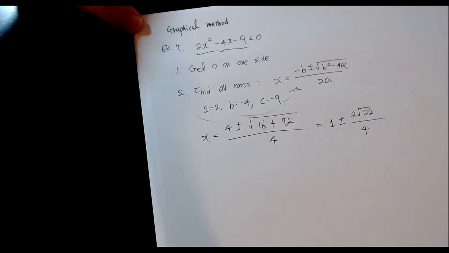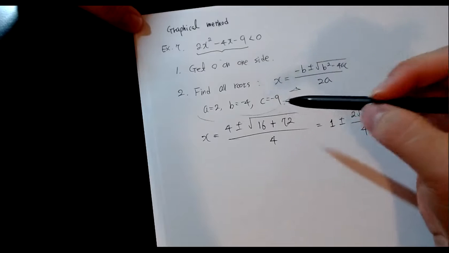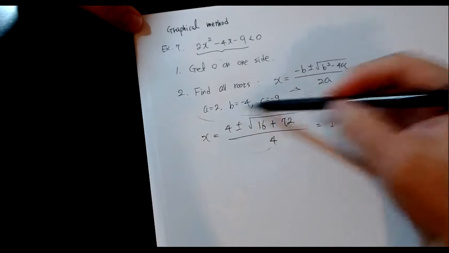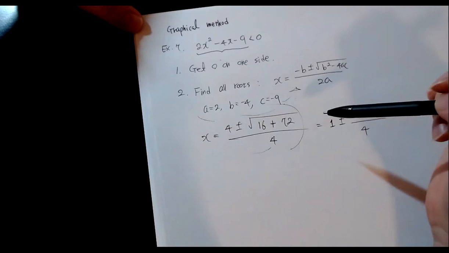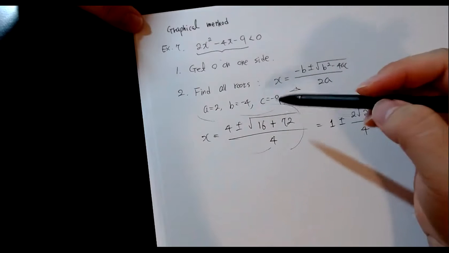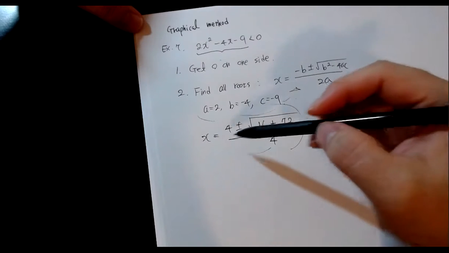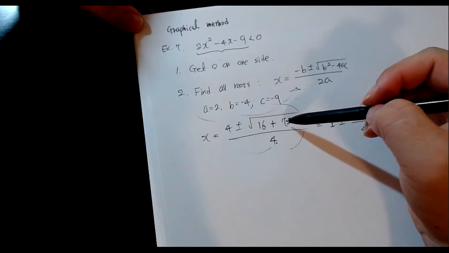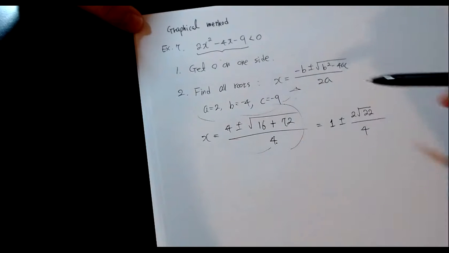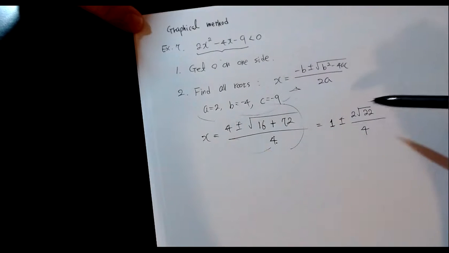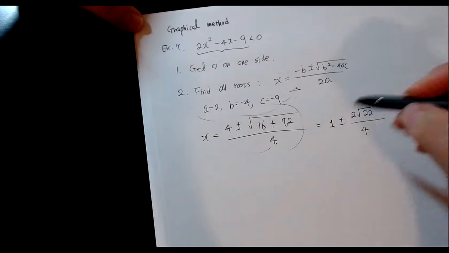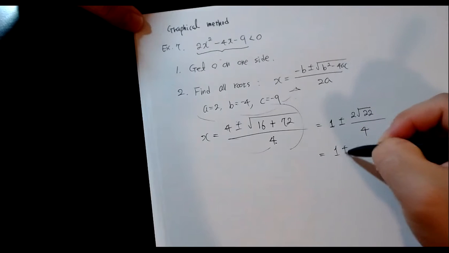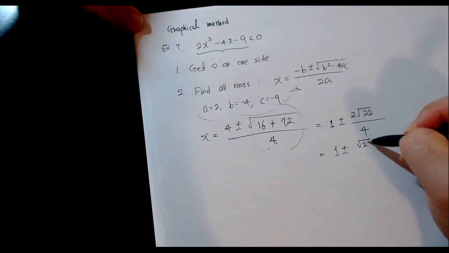I just separate that fraction into two fractions: 4 over 4 plus minus the square root of 88 over 4. The 4 over 4 is nothing but 1, and then you got this. So this is equal to 1 plus minus the square root of 22 over 4.